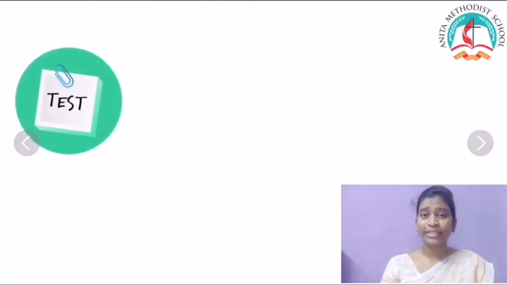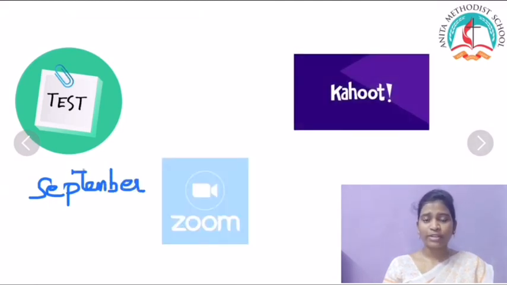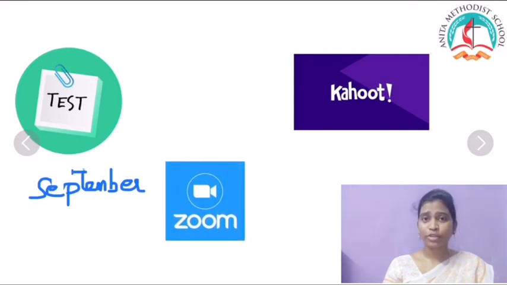Okay? Right. Now children, I want you to listen carefully. In the month of September, during the 2nd and 3rd week, you will be having a small test. So prepare well for your test, children. Also take up your test and Kahoot regularly.